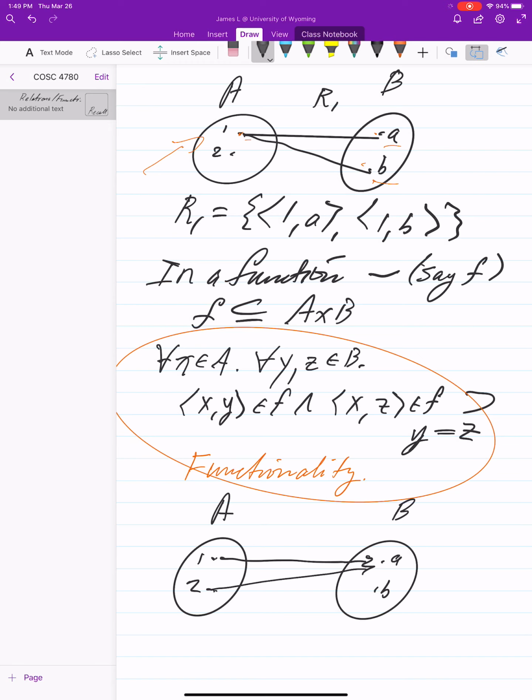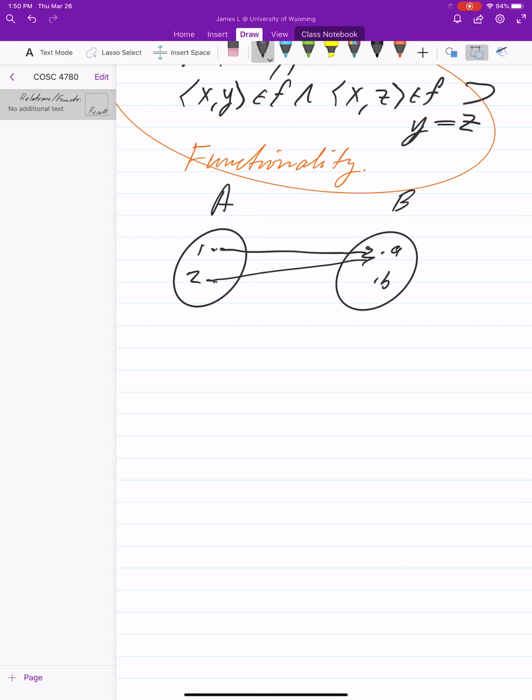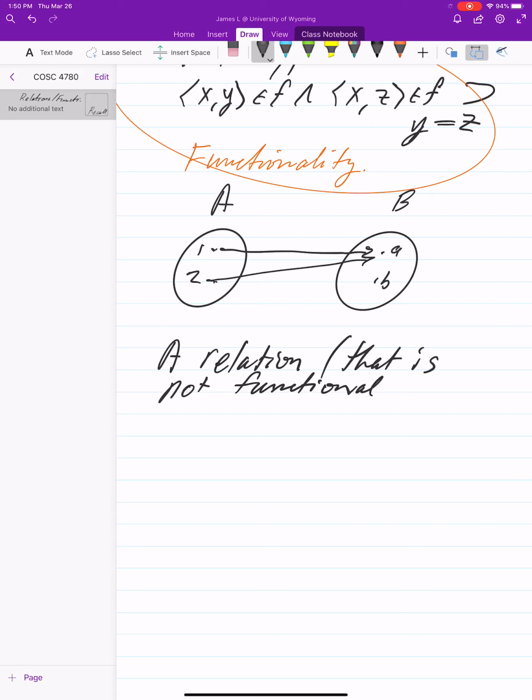Okay, so when we have a relation that is not functional, it is non-deterministic.